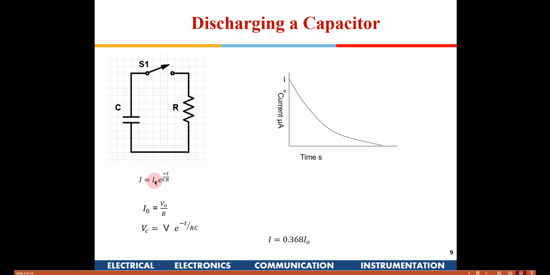So the equation will be given by I is equal to I0 into e to the power of minus t by RC, where I0 will be the initial capacitor voltage divided by R. Similarly, both the current as well as the voltage across the capacitor will exponentially fall following this equation, e to the power of minus t by RC.